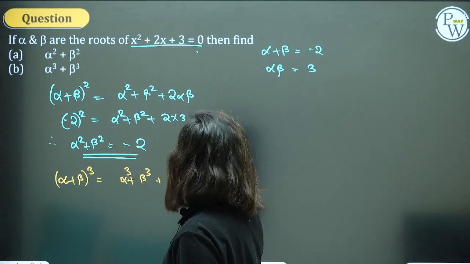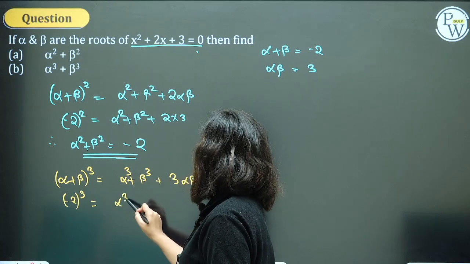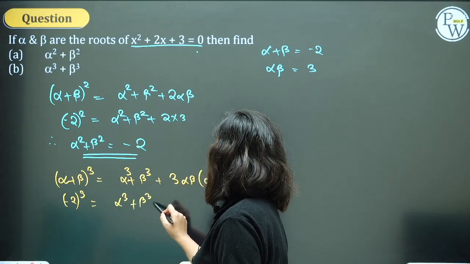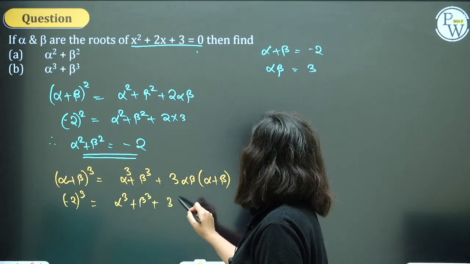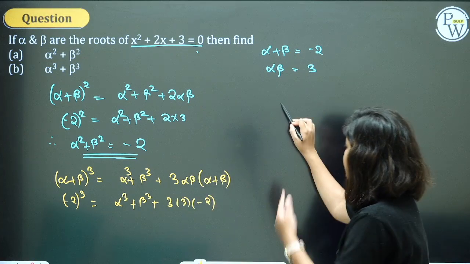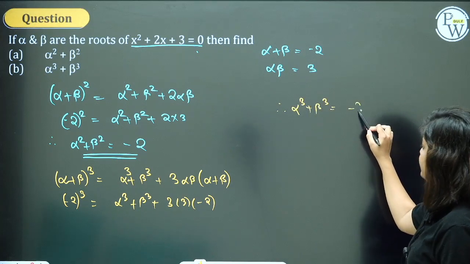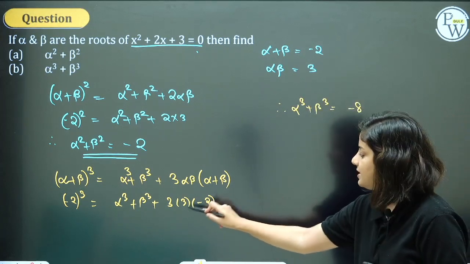Again, alpha plus beta is known to us. Minus 2 the whole cube is equal to alpha cube plus beta cube, to be found out, plus 3 alpha beta, which is 3, times alpha plus beta, which is minus 2. Rearranging, alpha cube plus beta cube: minus 2 cube is minus 8, and these 3 threes are 9, 2 nines are 18.